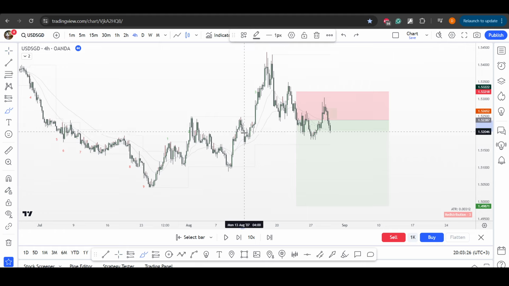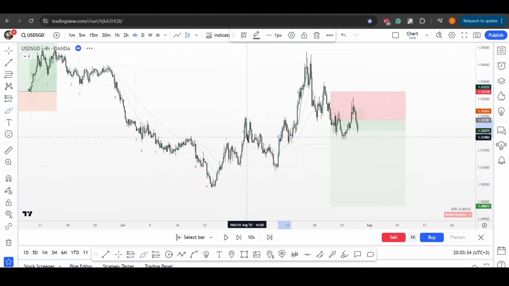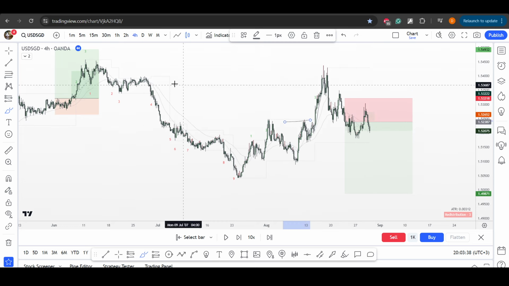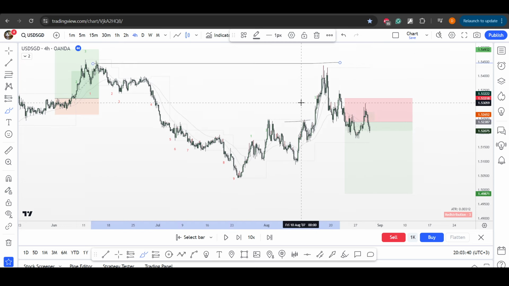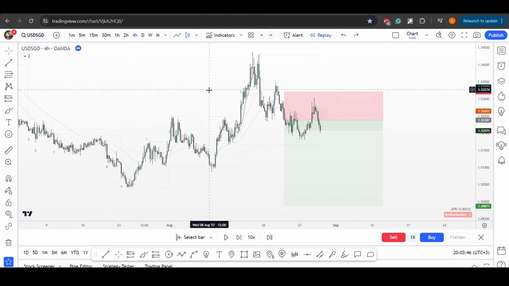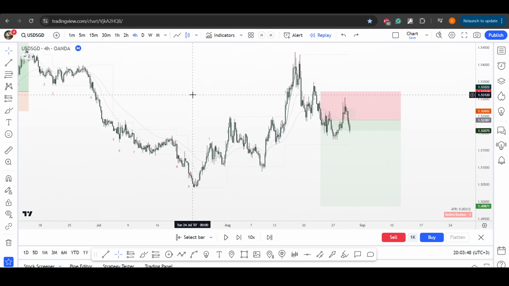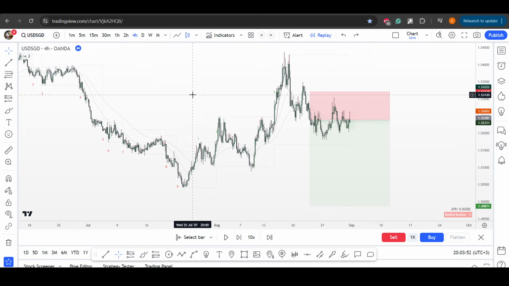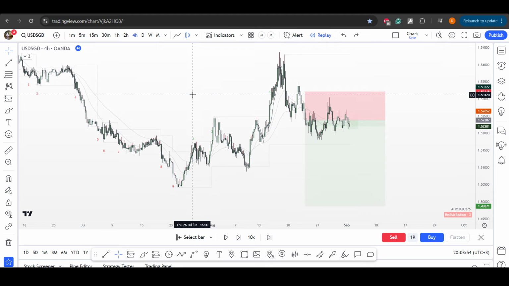We didn't create any kind of liquidity here except for this one, and this zone didn't liquidate anything, and basically it didn't break the deeper zone, the swing itself. Of course we know that daily, weekly, monthly are all bearish, but let's see if it will be enough for the price to fall substantially.